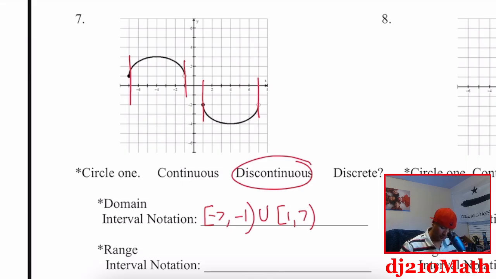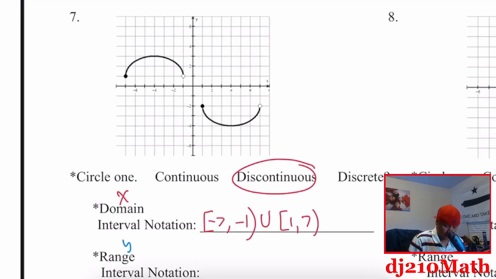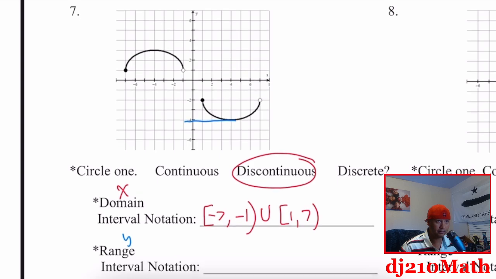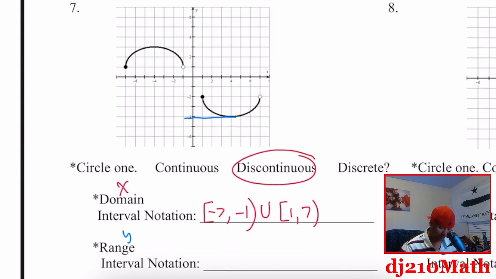Okay, for the range, we're talking y values. Domain was x, range is y. All right, so always start at the bottom. What is the least y value used? It is -4, bracket.